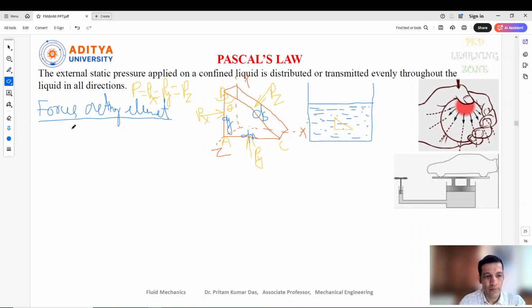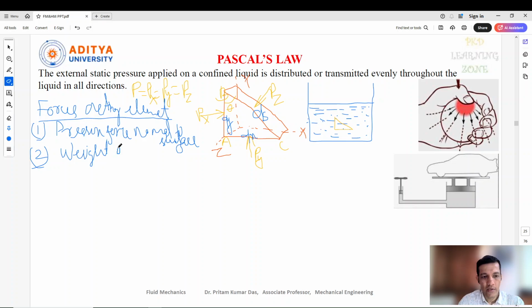First, there is the pressure force, which is normal to the surface. We can see this is one pressure, this is one pressure, this is one pressure. We need to identify the pressure forces. The second is the weight of the liquid, which is very negligible, but we need to consider it.